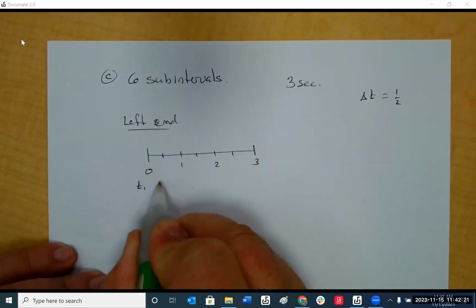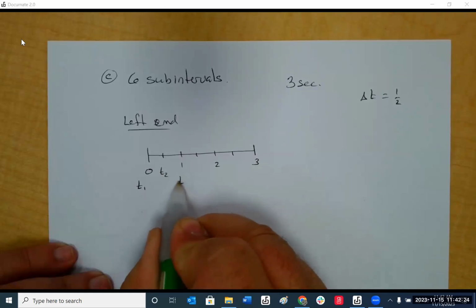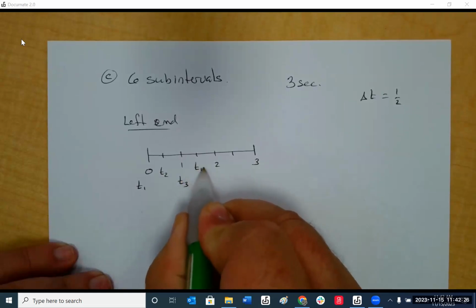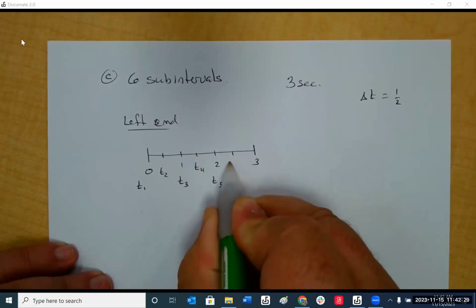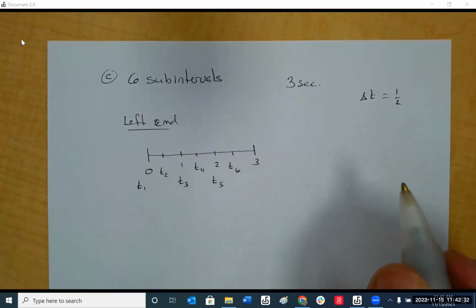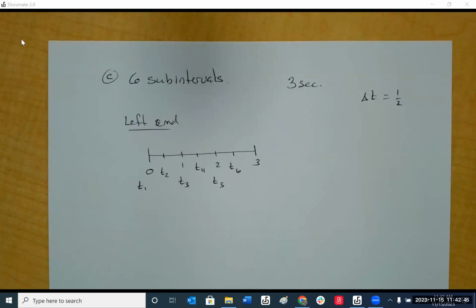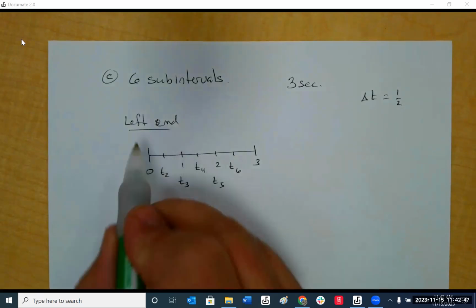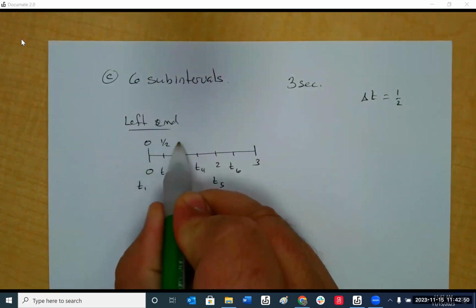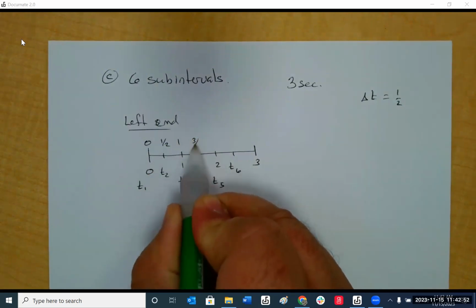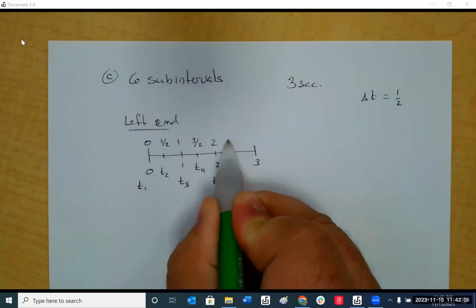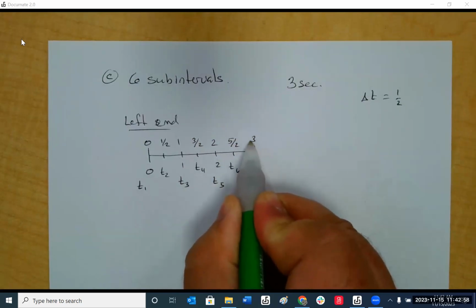So this is T1, this is T2, T3, T4, T5, T6. Zero, half, 1, 3 over 2, 2, 5 over 2, 3.